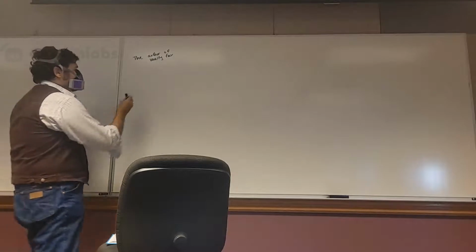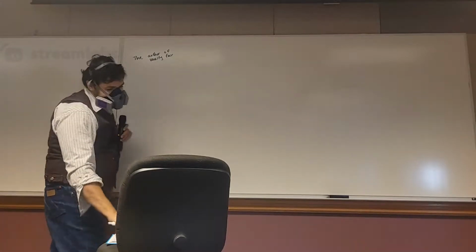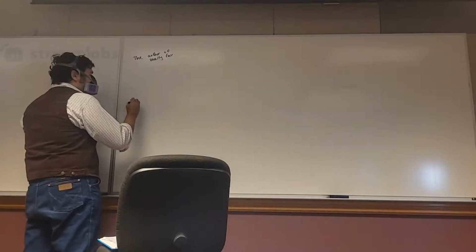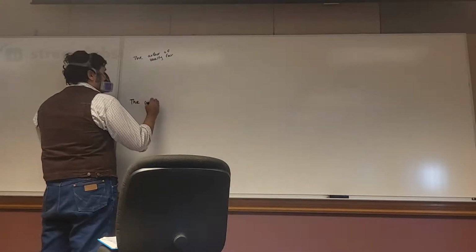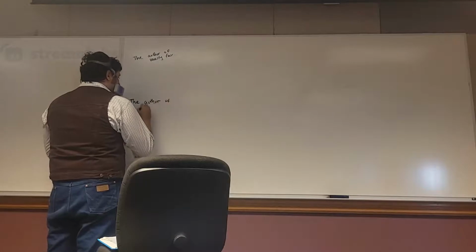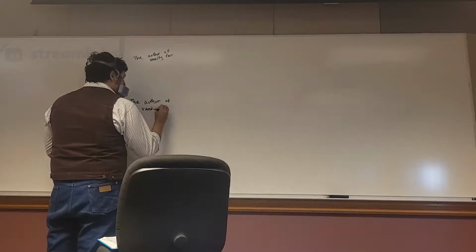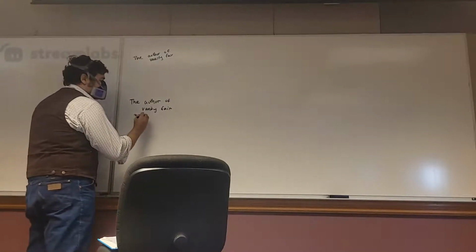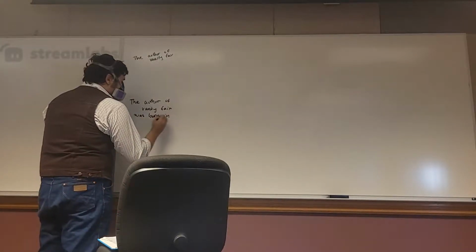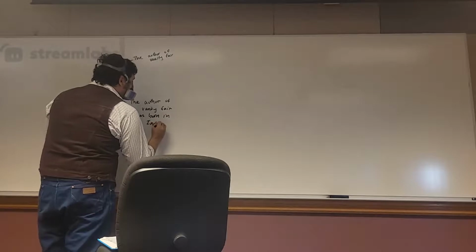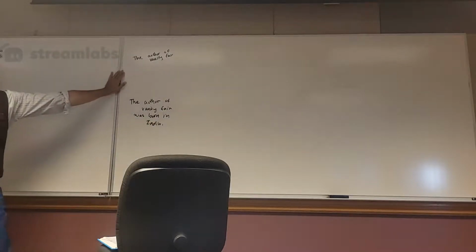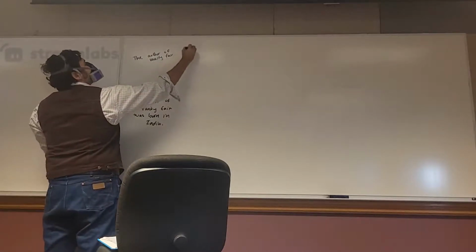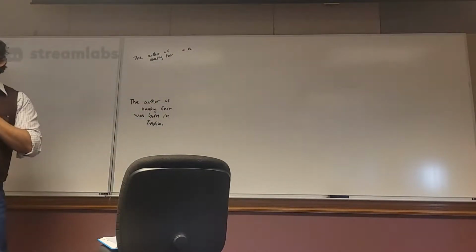Okay, so let's just go with this one, which is going to be 8.7.1, number 30. I'm going to modify it a little bit. We'll start with the author of Vanity Fair. Now I could treat the author of Vanity Fair as a particular person or name, right? So I could just say A, the author of Vanity Fair.